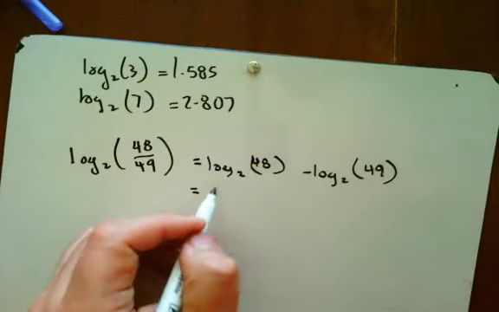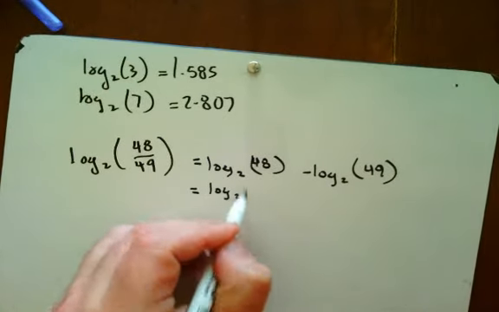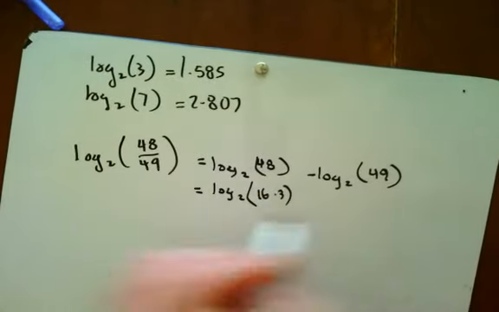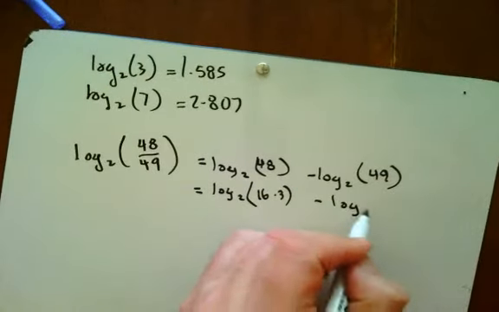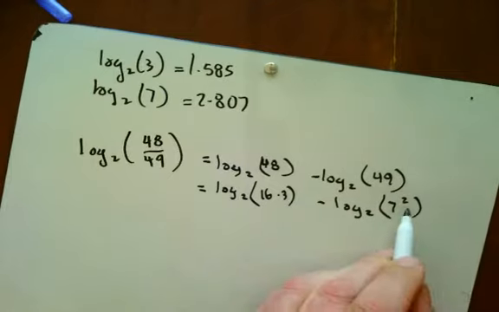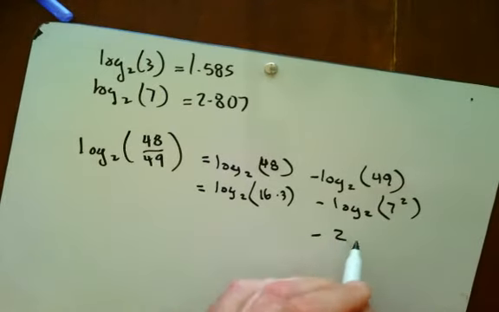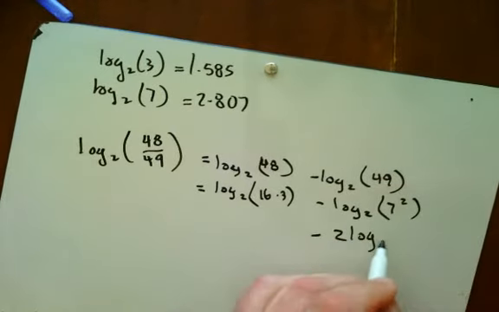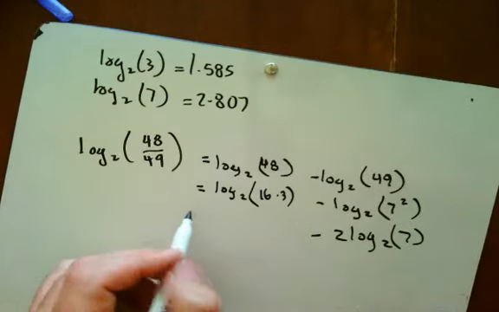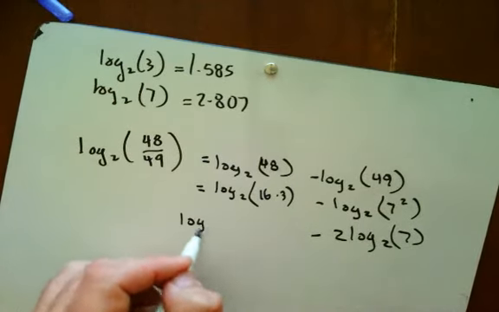Well, I guess I could pull out my calculator and just ask it, and even if I have an old calculator, I could always rewrite this with the change of base formula. But what they're asking me to do here is to do an expansion. They want me to first rewrite this as log base 2 of 48 minus log base 2 of 49.